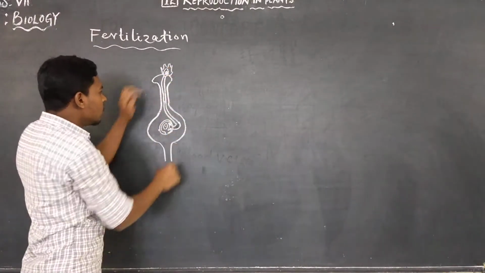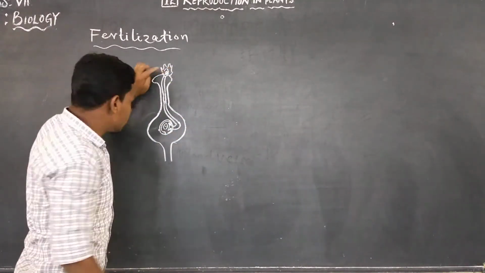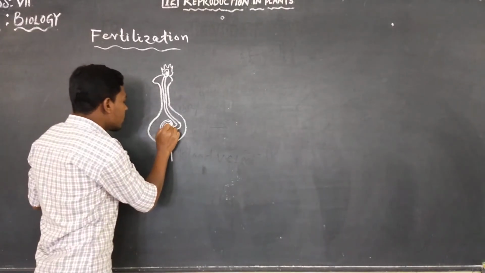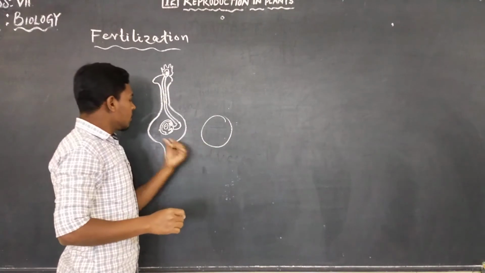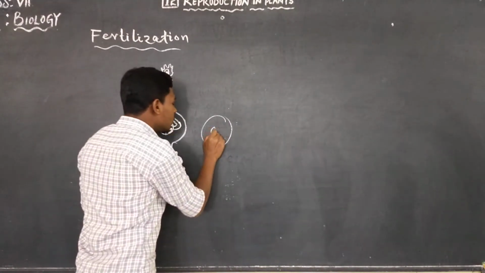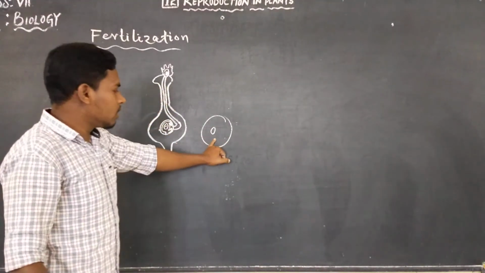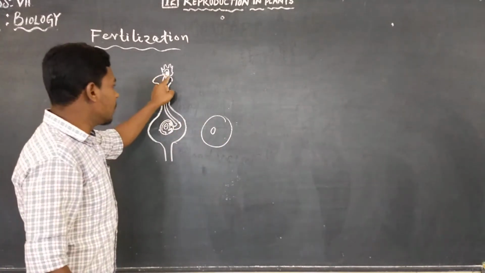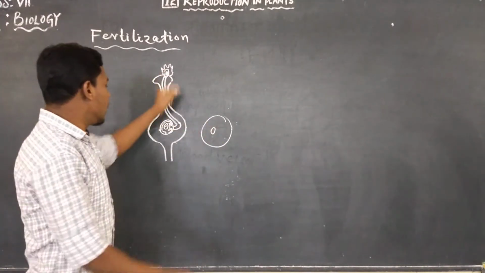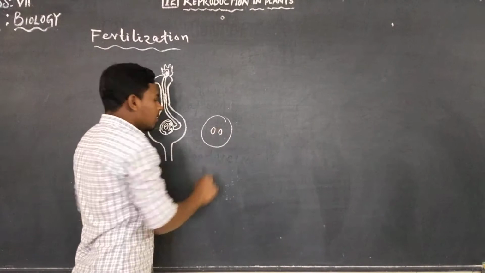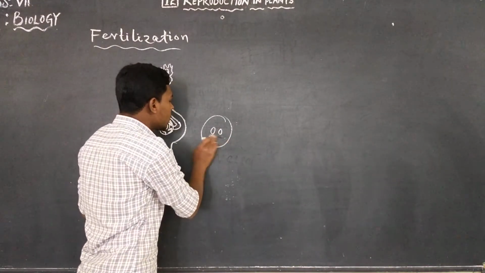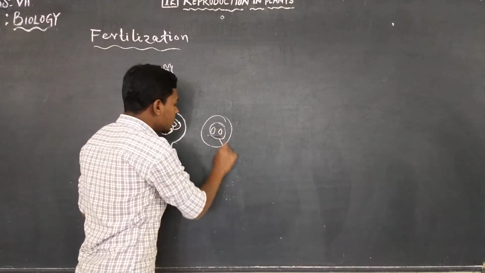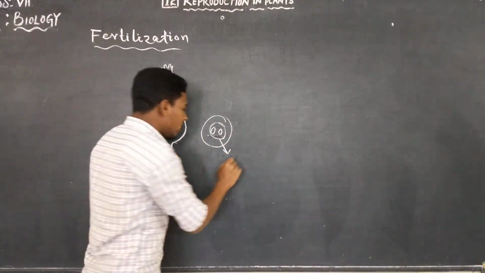Now this nucleus that you are seeing is going to fuse with this nucleus. This is the ovule, and in it one nucleus is present. This is the female nucleus, and now the male nucleus comes. The fusion of these two nuclei will generate what?